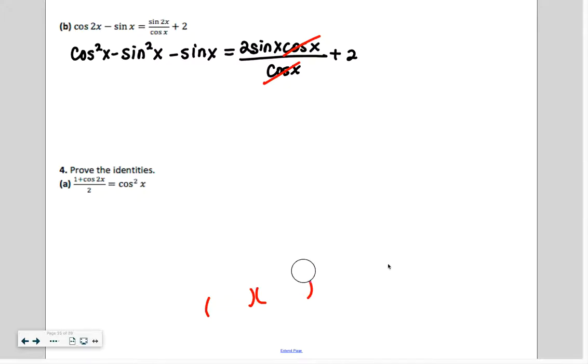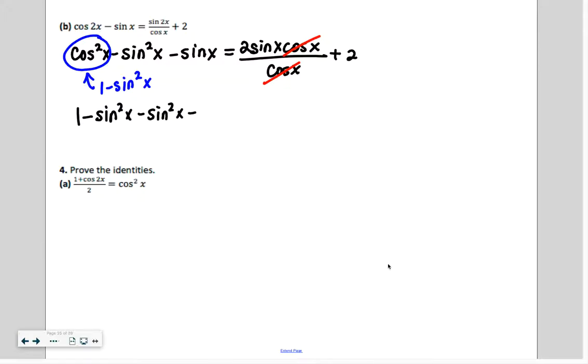So can we change it? That cosine squared is 1 minus sine squared, right? So that means we have 1 minus sine squared x minus sine squared x minus sine of x equals 2 sine of x plus 2.